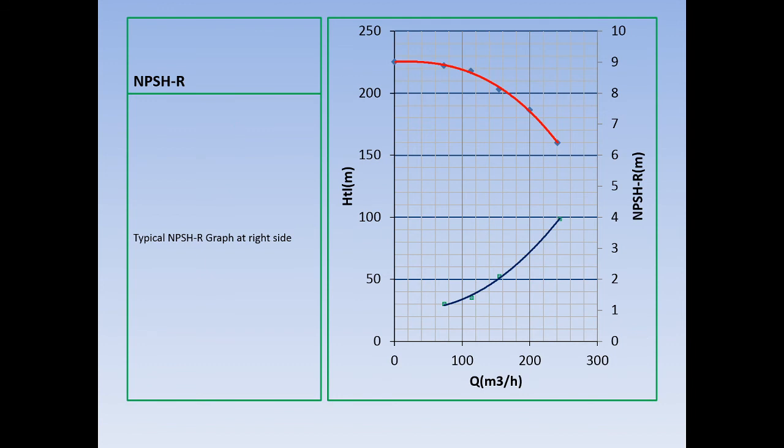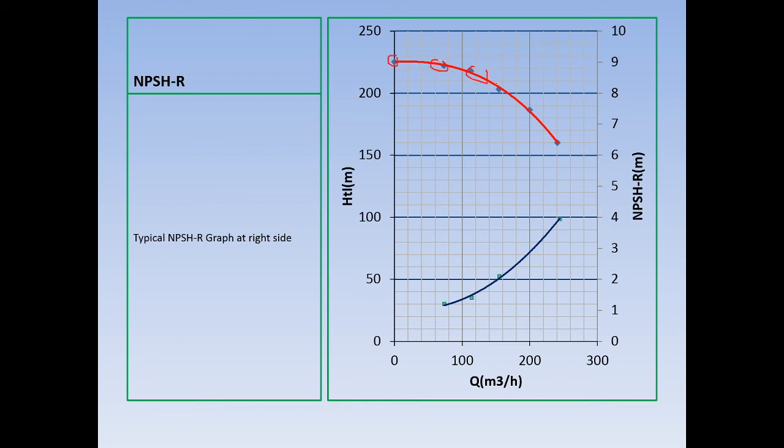Okay, now you have to test so many other points, and let's say you are already done with those points, and now you want to generate the NPSH required graph. Say you have already 1 point, 2 points.